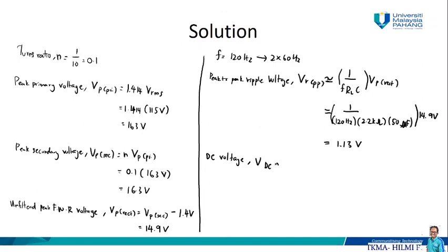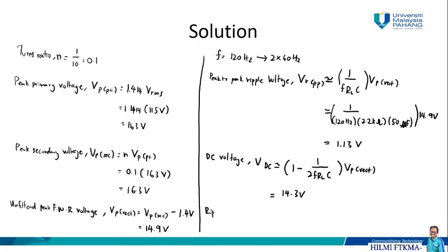And then we need to find the approximate value of the DC voltage, VDC, using this equation, 1 minus 1 over 2FRLC, times VP rectified. We can substitute the values, and we should get the answer 14.3 volt.